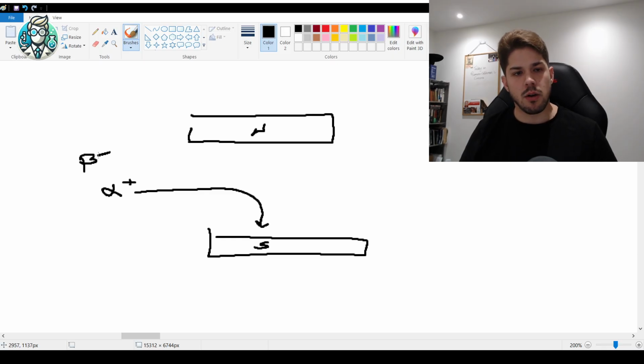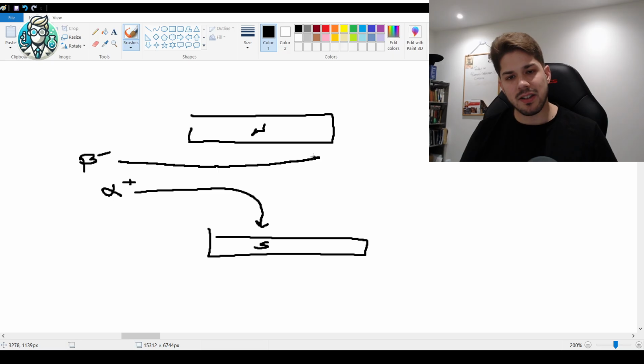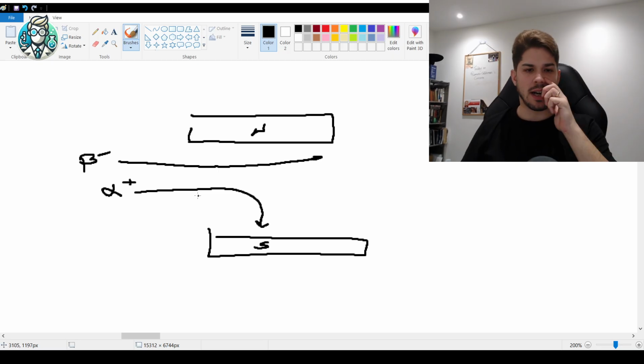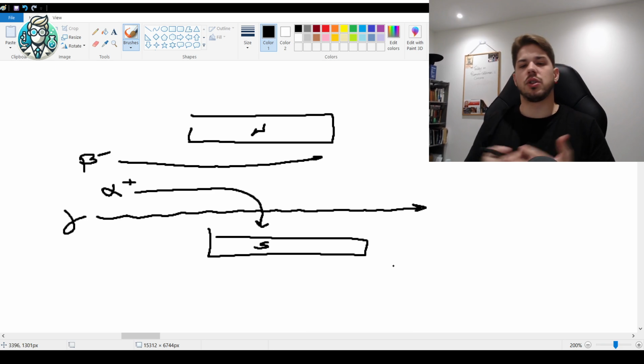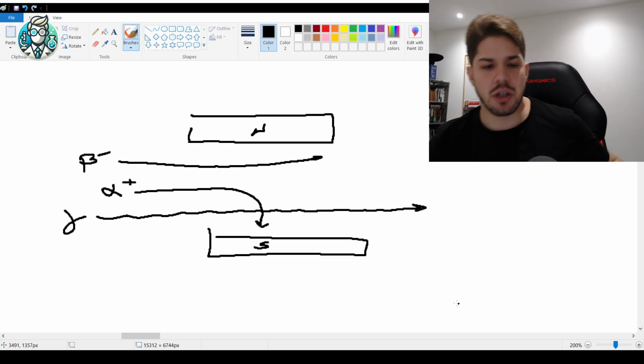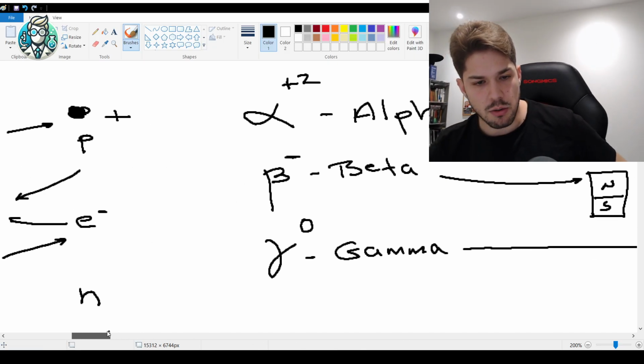The beta minus will deviate slightly to the north. It will deviate less because it's very, very tiny. And the gamma radiation is a wave, will just pass straight. No deviation because it doesn't have any charge. That is the reason. All right, let's go back to the questions.